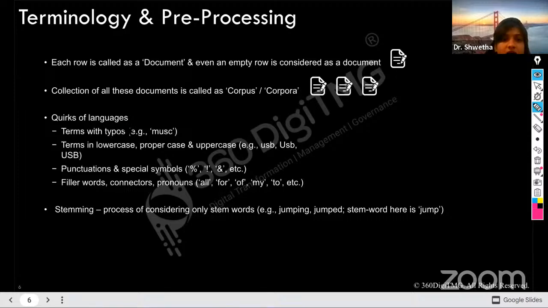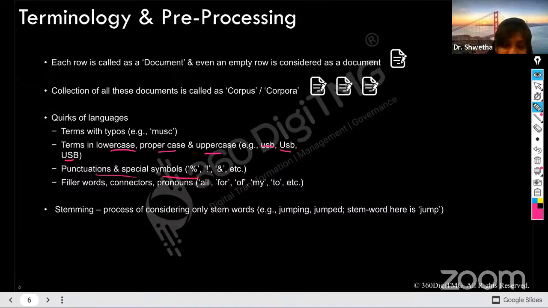Now, what are the perks of using these? When there are typos, typing mistakes or spelling mistakes, you can use these models to correct them. Say MUSC is written for music. These text mining techniques will remove these typos. Terms in lowercase and uppercase can all be identified as the same.